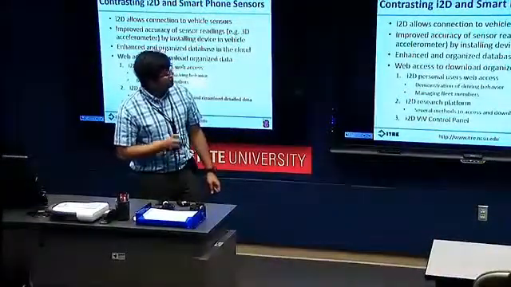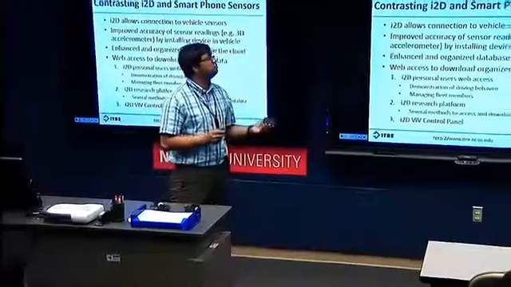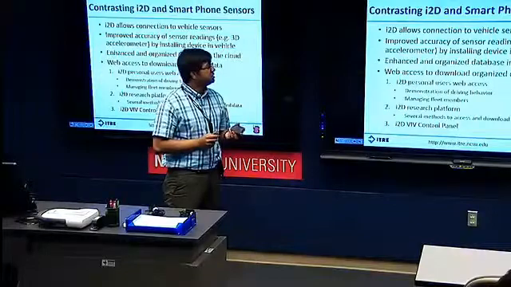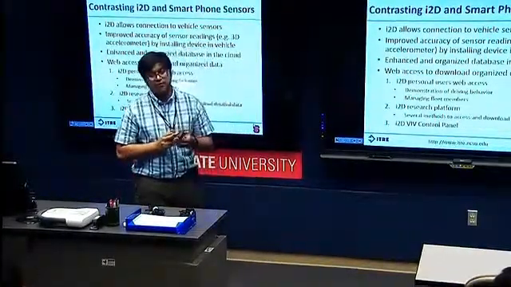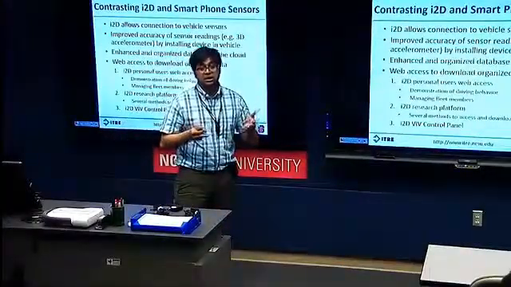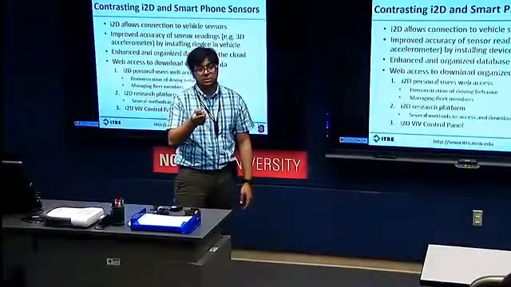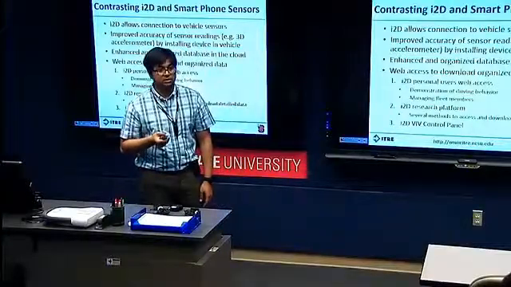This slide is just here to say what is the difference between an I2D system and your phone sensors. And of course, the phone itself has some excellent sensors in it already, but the problem of having multiple sensors running all the time in a phone is that some of the sensors drain your battery too fast.